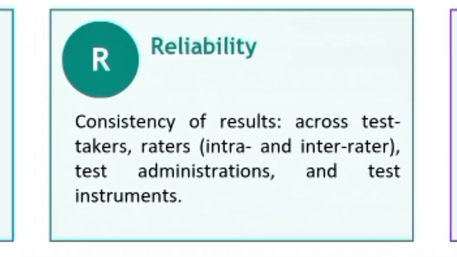Next is reliability. Consistency of result across test takers, raters, intra and inter-rater, test administration, and test instrument. Reliability refers to consistency, meaning a test must produce stable and comparable scores even when administered at different times or graded by different raters.